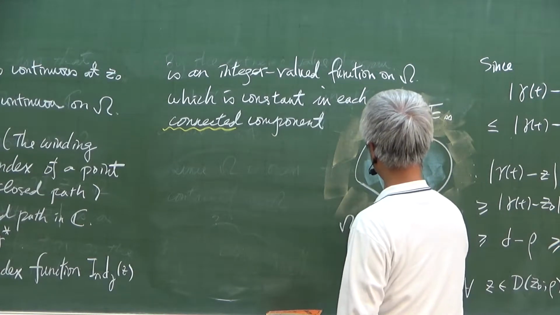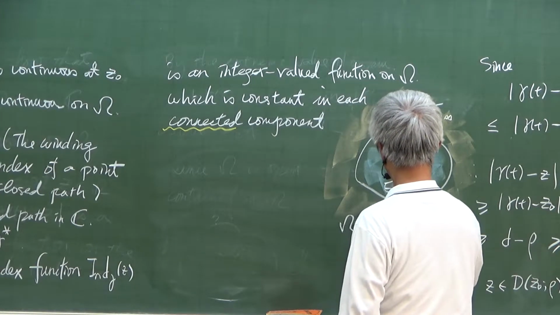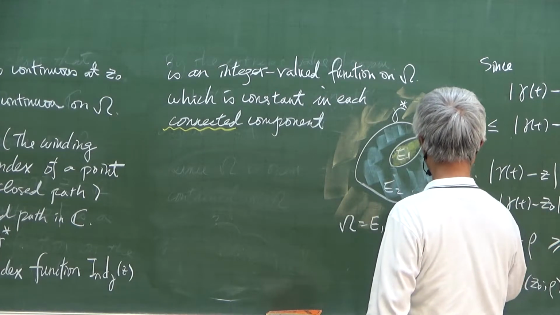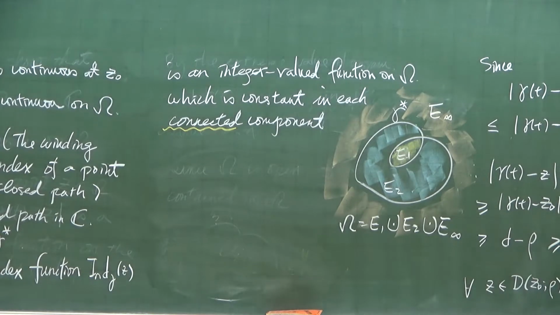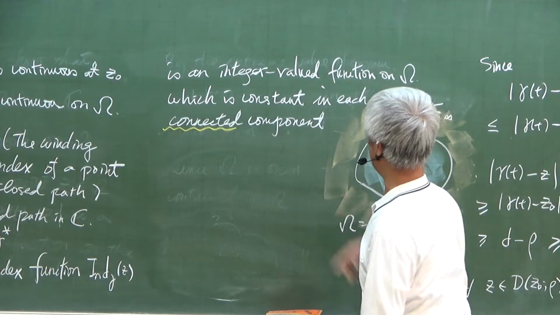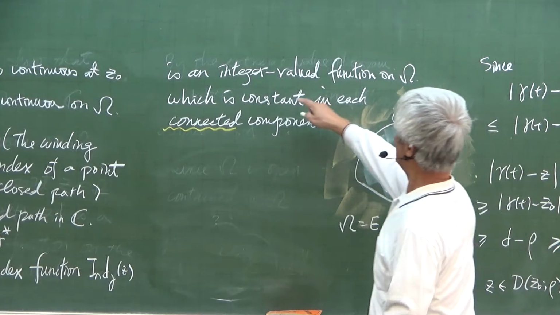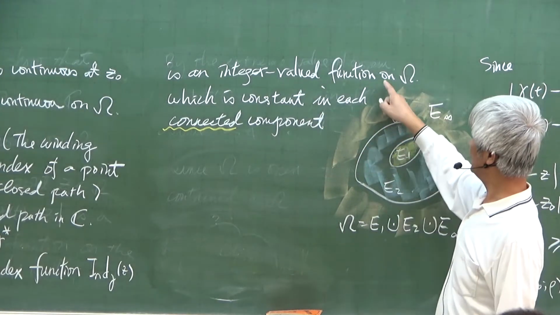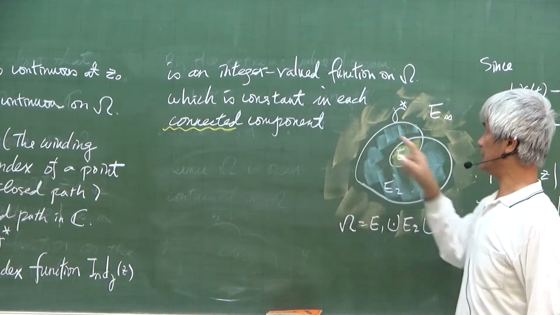So omega is equal to E1 union E2 union E infinity, where infinity indicates the unbounded connected component. So we have 3 connected components, and the index is constant in each connected component.